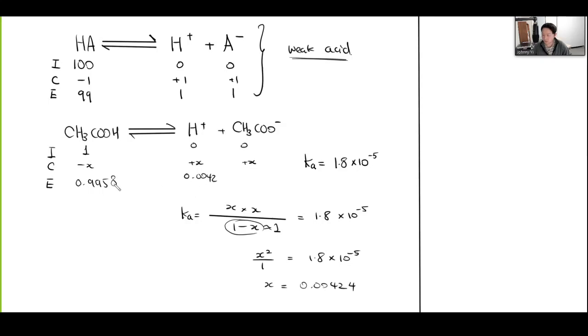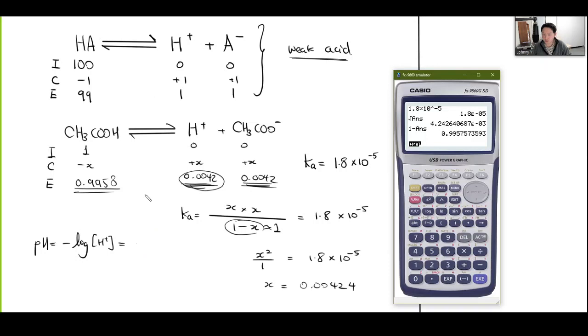So very, very tiny amount of this and this and this, okay? And let's work out the pH for it. It'll be negative log of that, okay? So you would get pH of negative log of 0.004242640687. So about 2.37.